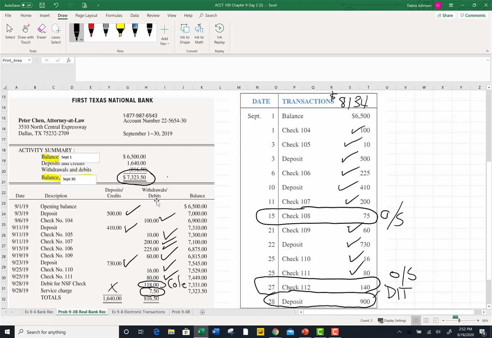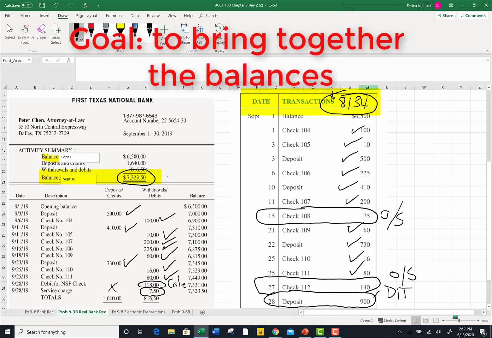So in this case, our purpose will be to bring together the two cash balances. The bank balance of $7,323.50 needs to reconcile to the book balance given in the start of this problem as $8,134.